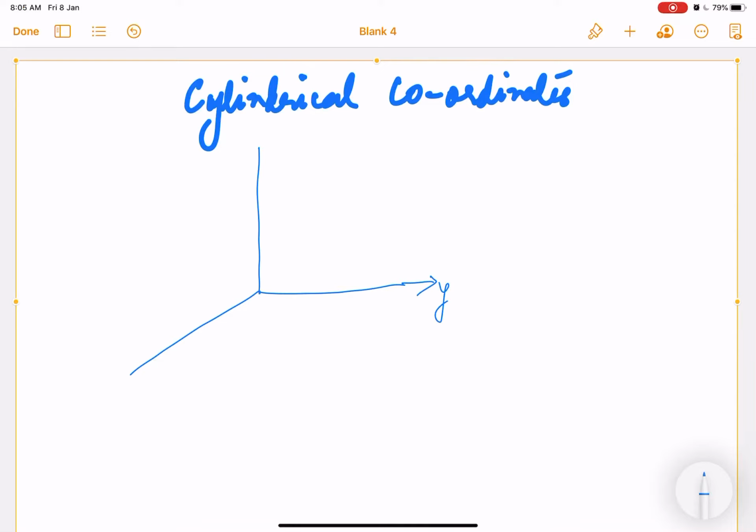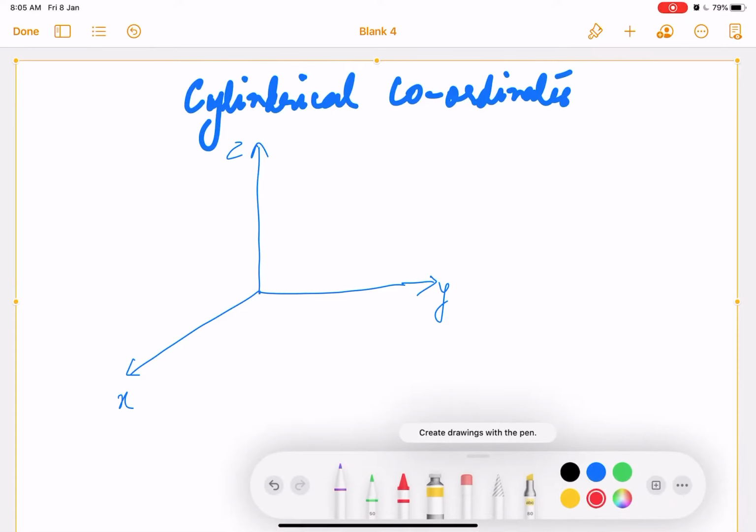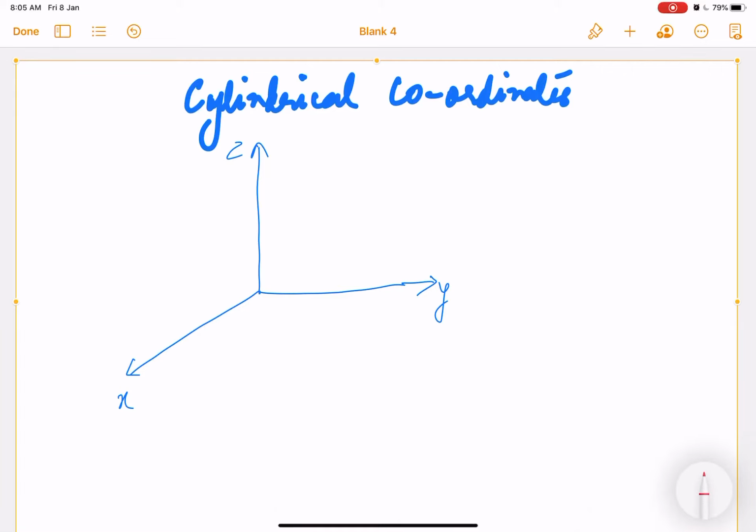Let me put it over here, Y. This is Z. This is X. Now, in this XYZ, I'll show you how you can define your cylindrical coordinates. For that, let me draw a cylinder that is just cut towards this portion, just the front cut of the cylinder.